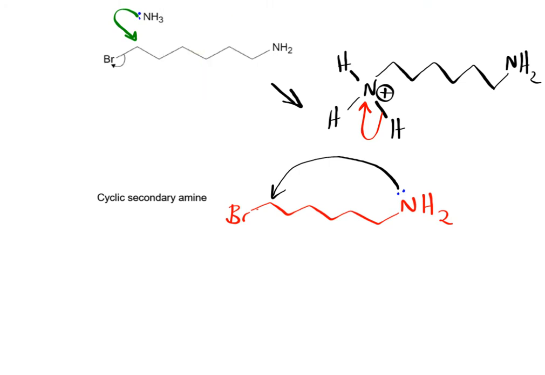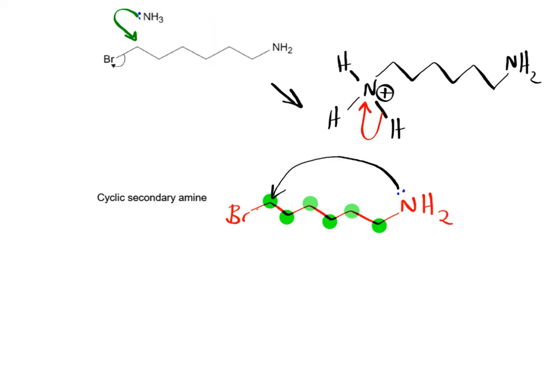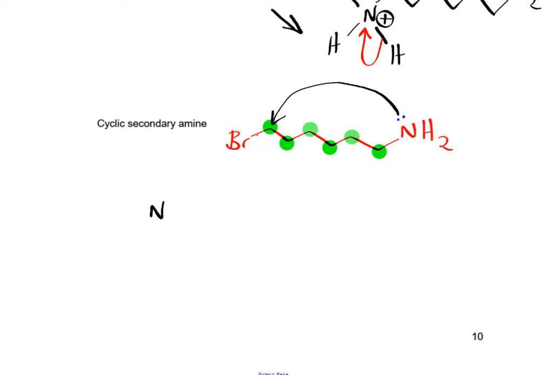The ring will have 6 carbons. So if you got anywhere near this, that's very well done. So we've got 6 carbons, 1, 2, 3, 4, 5, 6, and then that nitrogen will have a hydrogen attached, so we've made it into a secondary amine.